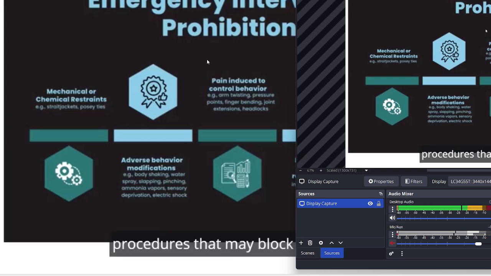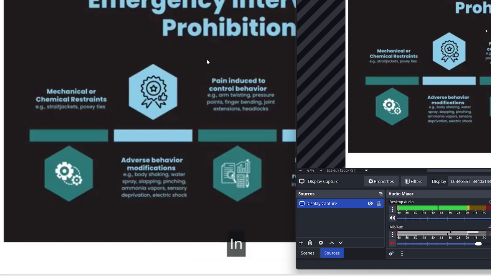Any procedures that may block airway or restrict breathing, including items that may cover the face, and then manual restraint beyond 15 minutes without the additional required permissions.